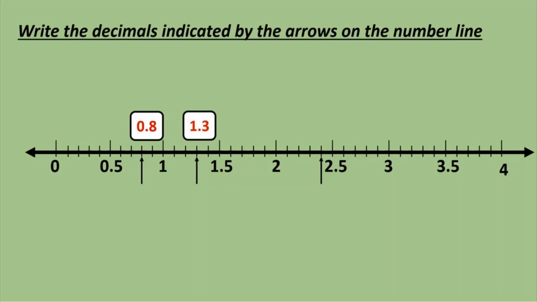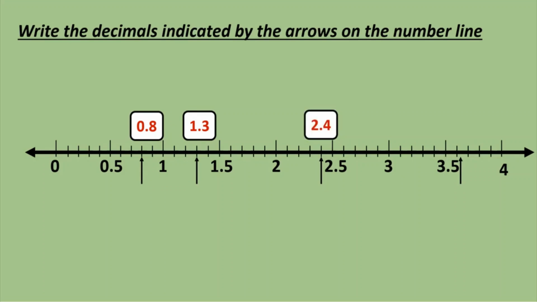The next arrow on the number line we see is after 2. So we count as 2.1, 2.2, 2.3 and then we have 2.4 marked on it.